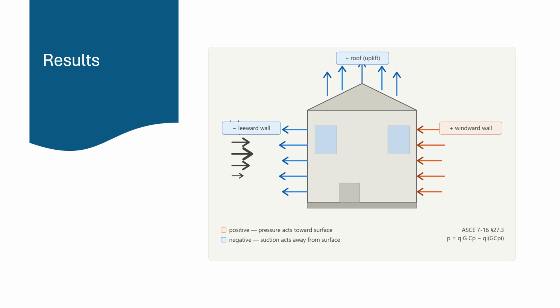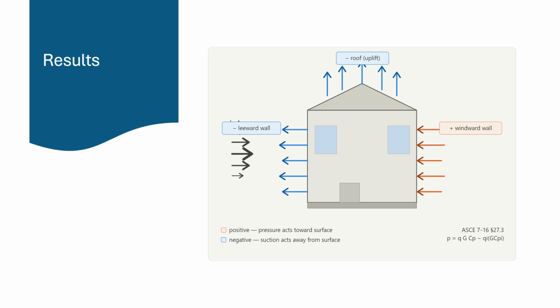We're getting a pressure for the windward wall. We're also getting a suction against the leeward wall. This follows some aerodynamics practices and principles, but just know that your windward wall is going to be pushing against the wall.